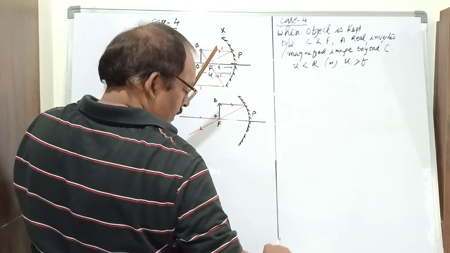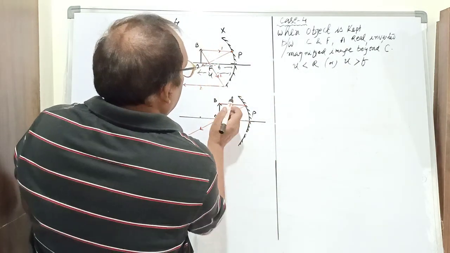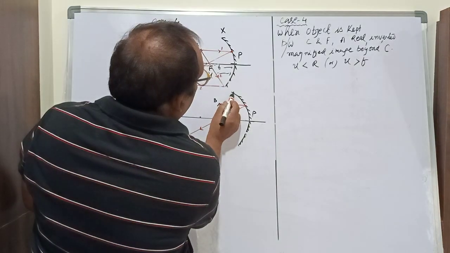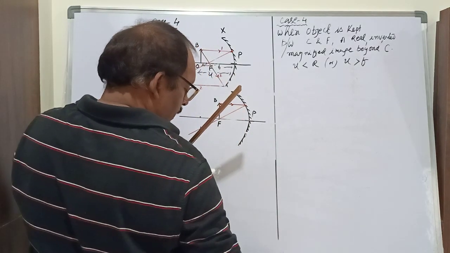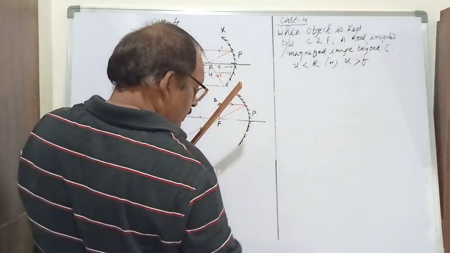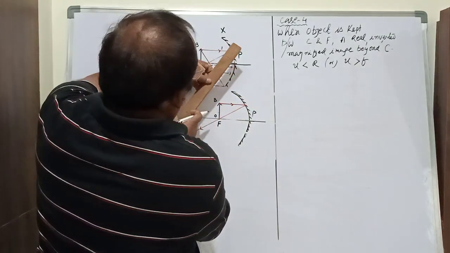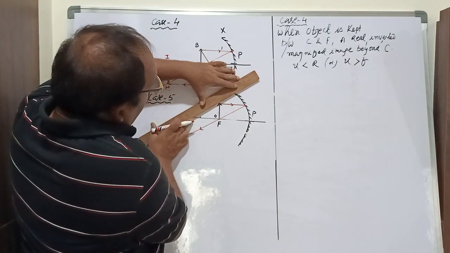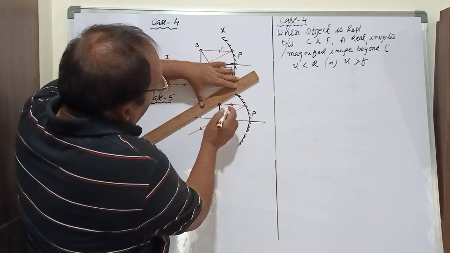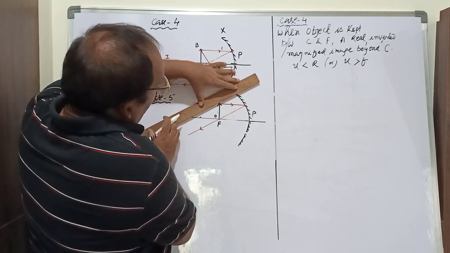Another ray is incident on the mirror such that it must make an angle of 90 degrees. Carefully observe now.